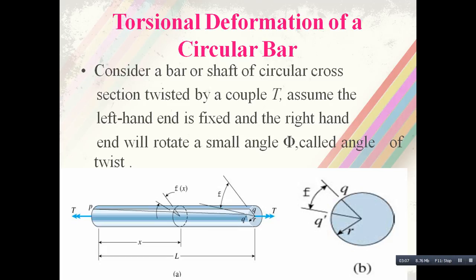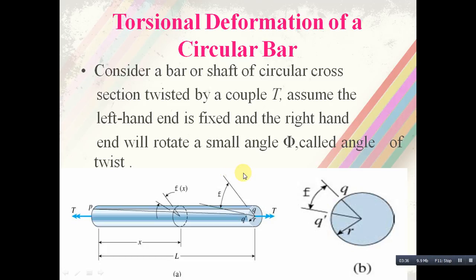Now, torsional deformation of a circular bar. Consider a bar or shaft of circular cross section twisted by couple T. Assume that the left hand end is fixed and the right hand end will rotate through a small angle phi, called the angle of twist.